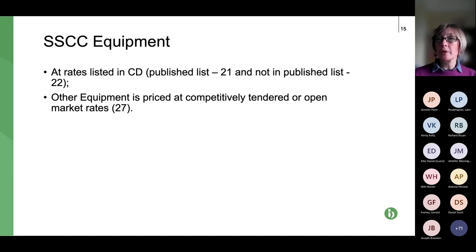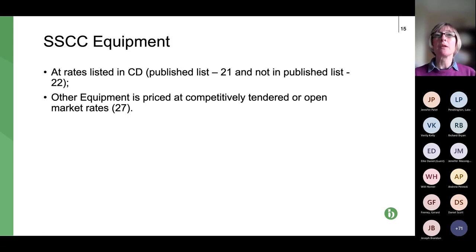So any other equipment that's not in the rates that are stated as being published rates is priced at a competitively tendered or open market rate. So that's all good and reasonable in a way, in that under the shorter schedule, so predominantly looking at compensation events for options A and B, you're going to get paid one way or another.